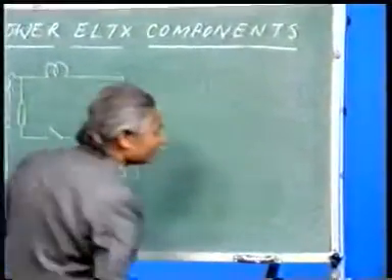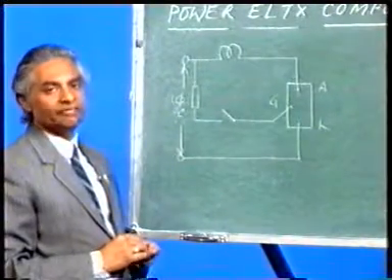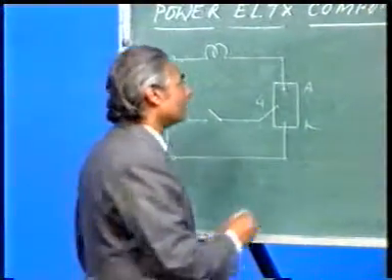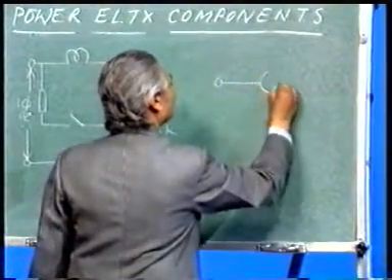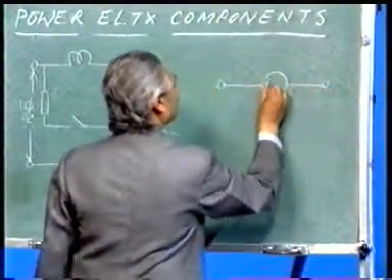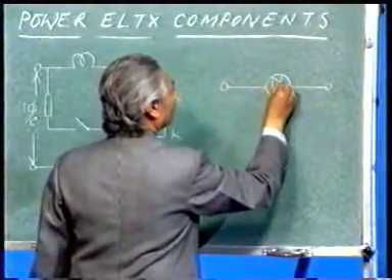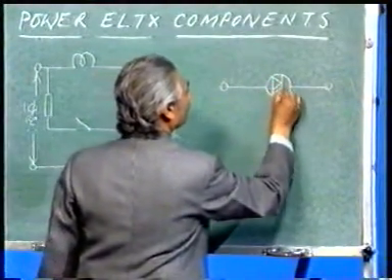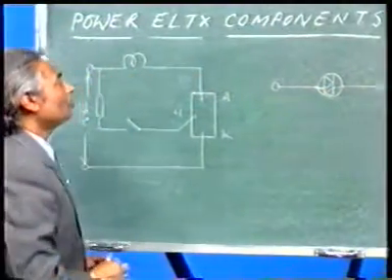You remember that SCR was a 4-layer 3-terminal 3-junction semiconductor device, but Diac is only a 2-terminal device.